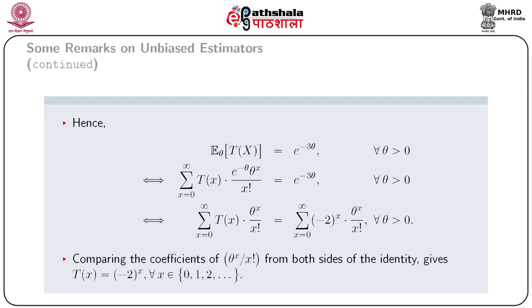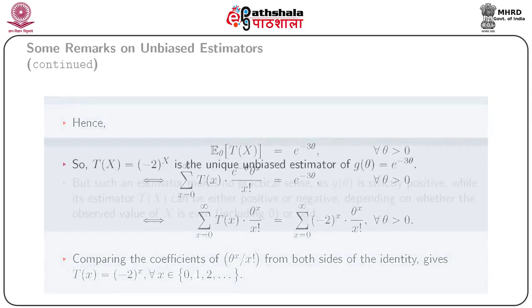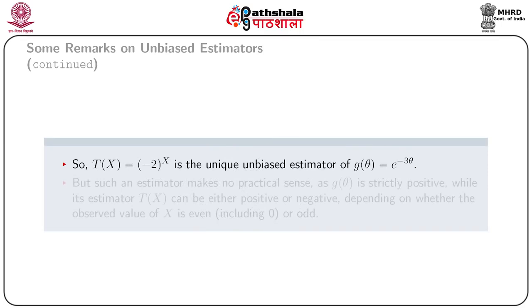Comparing the coefficients of θ to the power x by x factorial from both sides of the above identity, we get T(x) equals (minus 2) to the power x for all x, and hence T(x) equals (minus 2) to the power x is the unique unbiased estimator of g(θ).